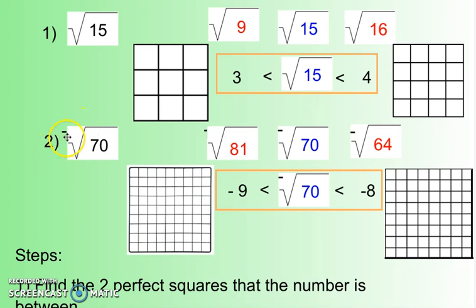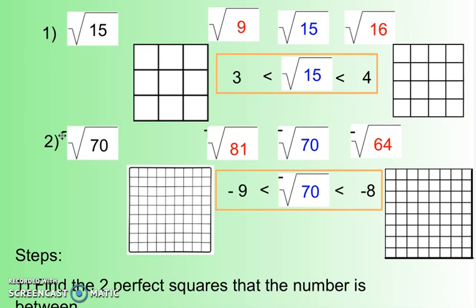Okay, so look at the next one. Negative square root of 70. First of all, notice this is negative. The thing that I know about negatives is that they are to the left of 0, and the further away they get from 0, meaning the bigger the number looks as a negative, the smaller it is.